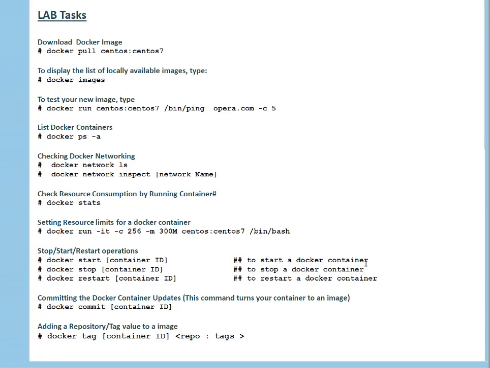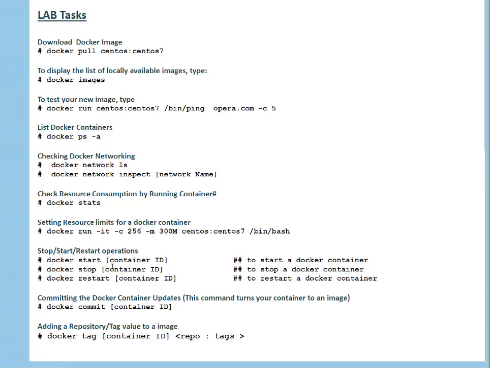When I say 256, it means 1/4 of the total CPU capacity. I'm going to use 1/4. If I say 512, it means I'm going to use half of my CPU capacity. So that's something you can manage. -m means I'm allocating 300 MB memory. This is my container name, and I'm running this particular command to log into the container.